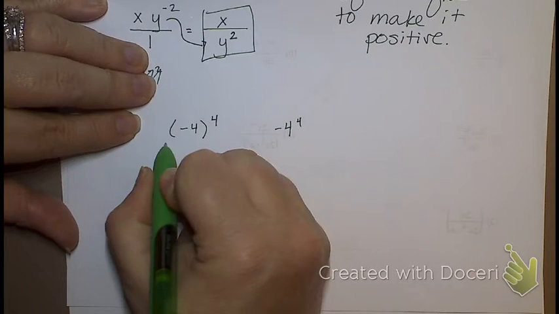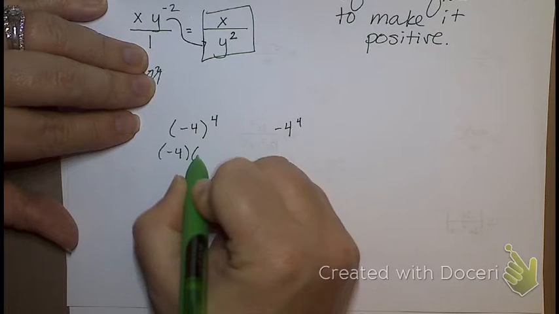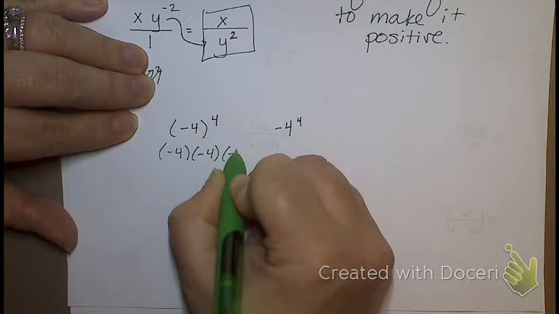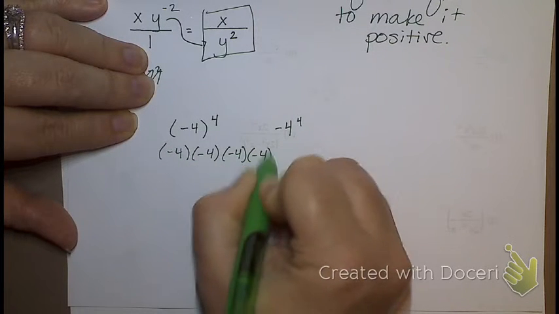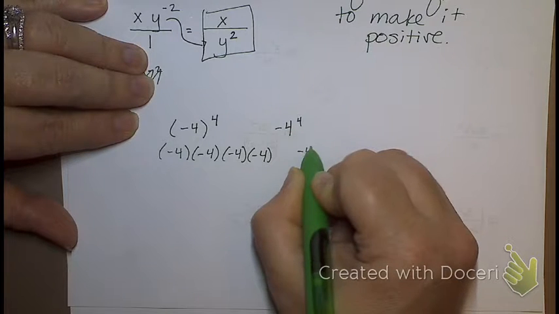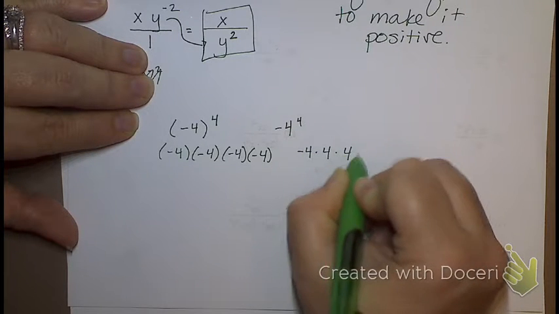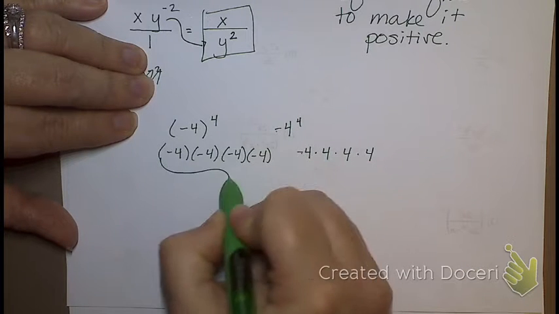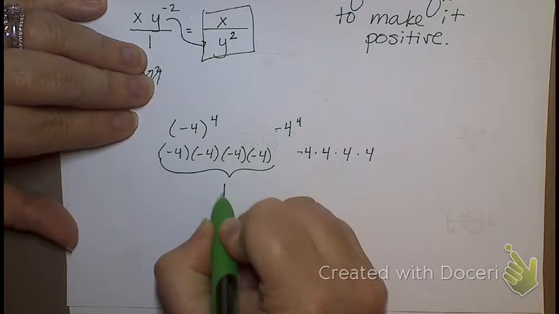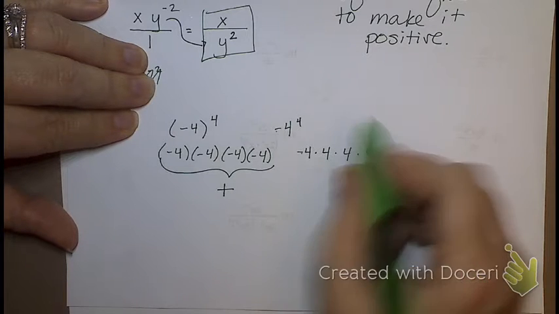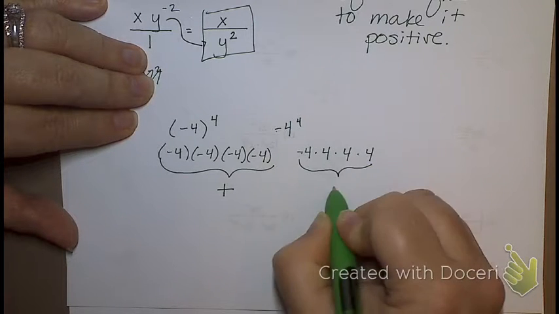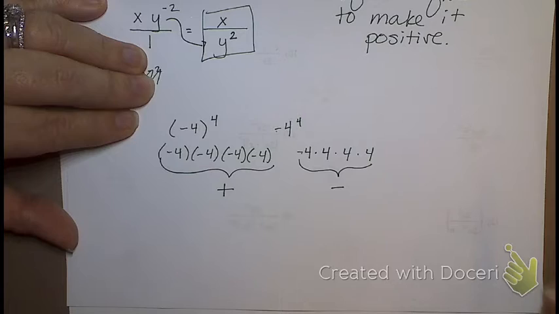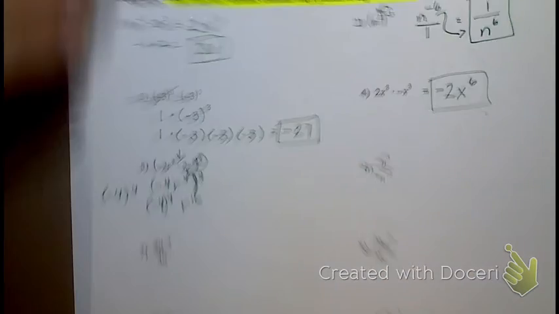Yes, this one ends up being negative 4 times negative 4 times negative 4 times negative 4, whereas this one is negative 4 times 4 times 4 times 4. The negative just hangs out in front. This answer will be what? Positive. This answer will be negative. Okay, so watch out for that.